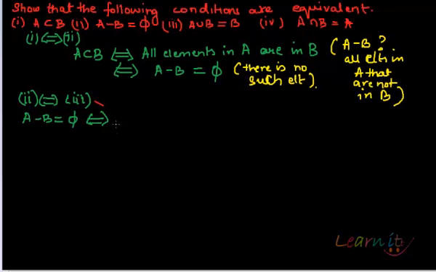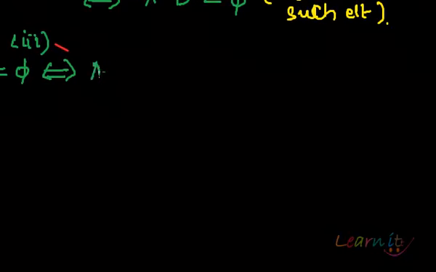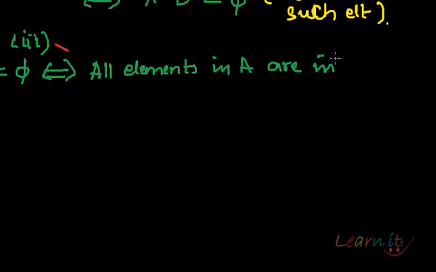That means there is no element such that it is in A but not in B. So that means all elements in A are in B, for the same reason as we saw before.